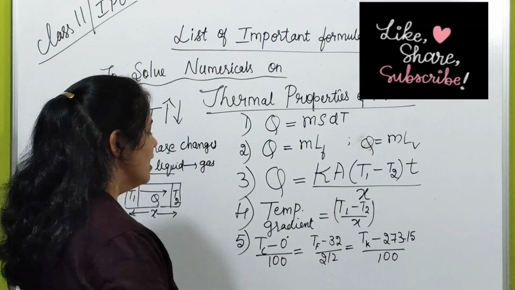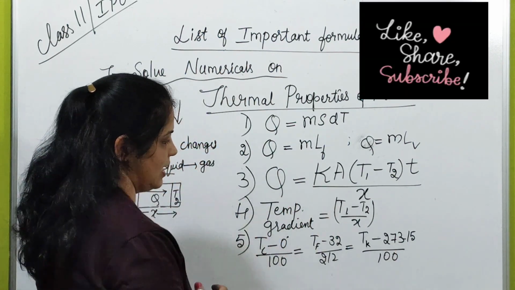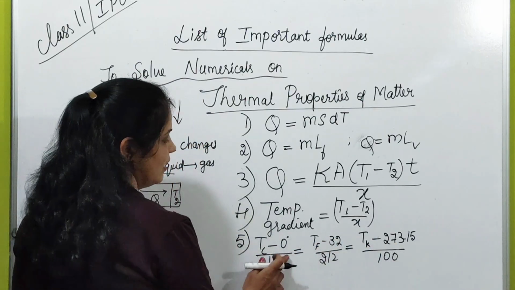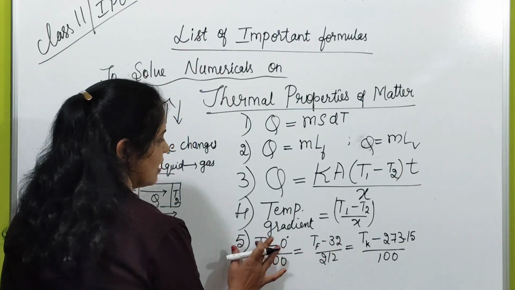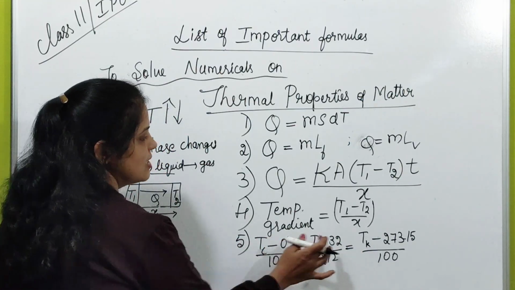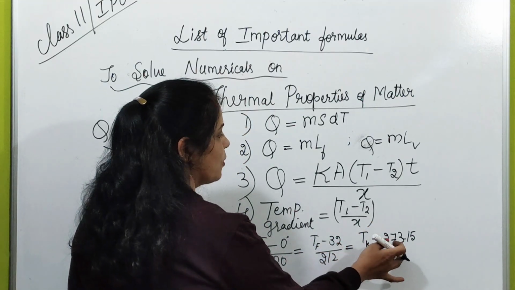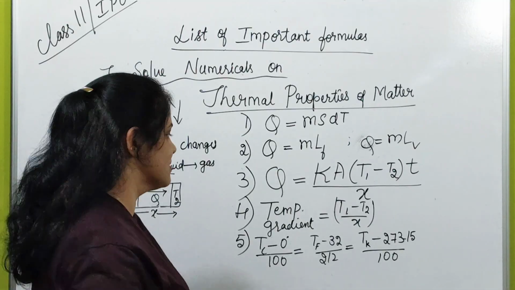For example, if Celsius is given and you need to calculate in Kelvin scale, then you equate the first and third. The 100 and 100 cancel, remaining Tc minus 0, which is Tc equals Tk minus 273. That means Tk equals Tc plus 273.15.